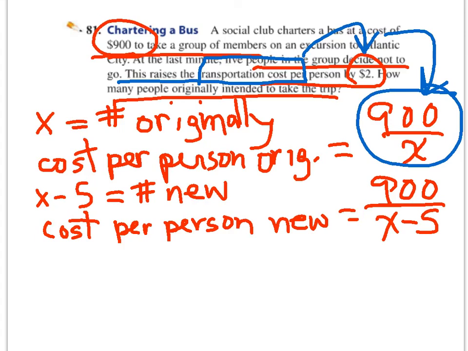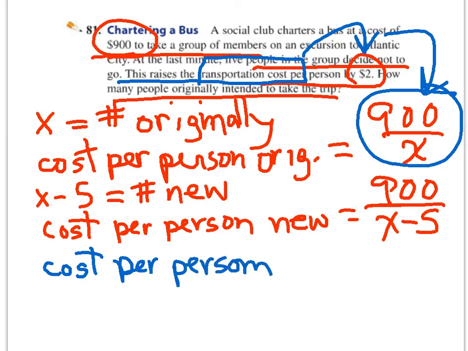So that's also the new cost per person. The cost per person after the 5 people dropped out can also be obtained by taking the original cost per person and adding $2.